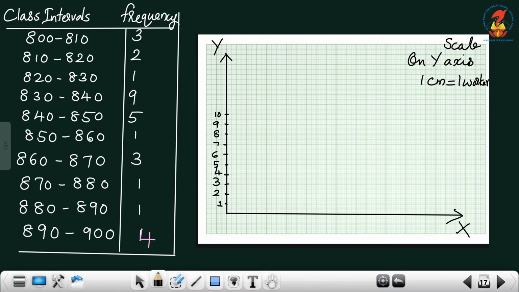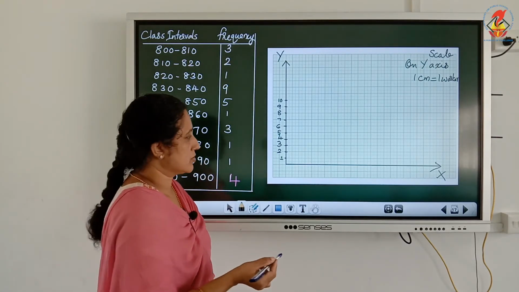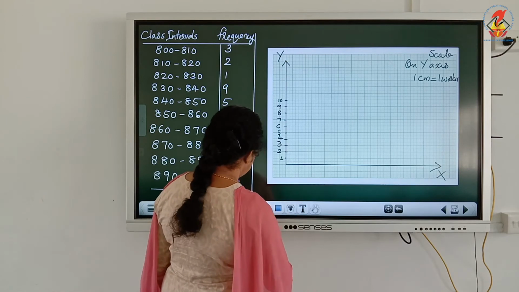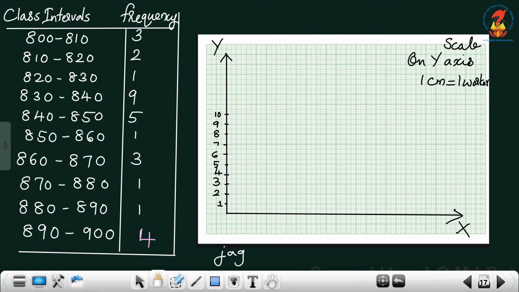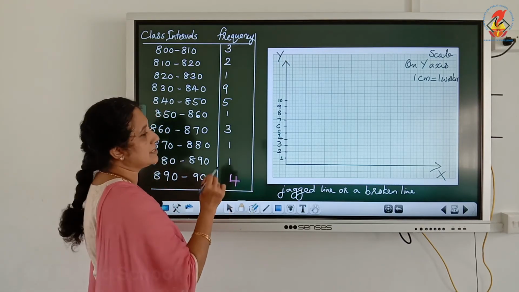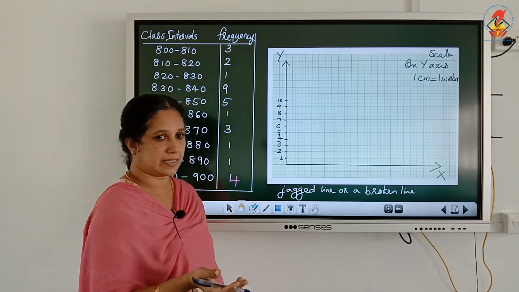When you start drawing the histogram, we can see that the class intervals start from 800 onwards. So you have to draw a jagged line or a broken line, to show that we are not considering all the observations below 800.